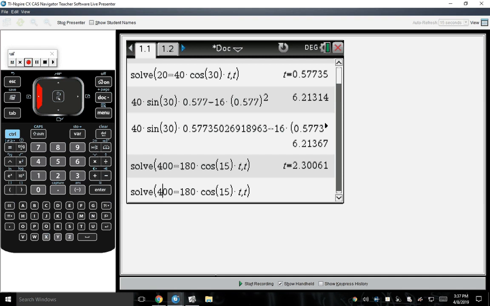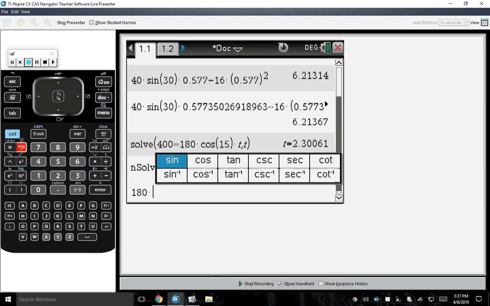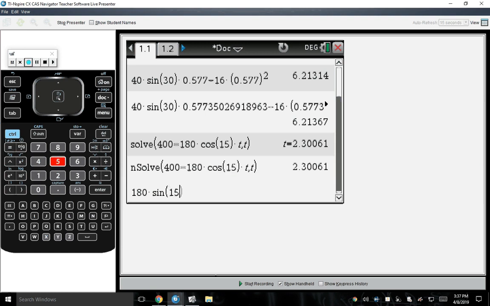Those of you who want to save a little time, use menu 3.6 instead, and now you don't have to delete that t. You can use this in your second one by doing 180 times the sine of 15 times this answer, because this is my time, right? And then it'll be minus what? 16t squared. And then plus 3.